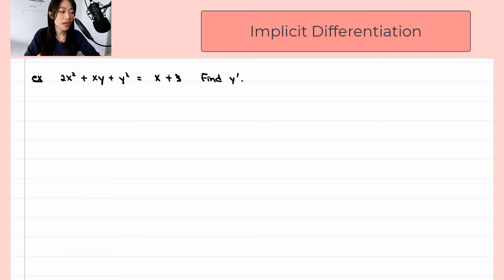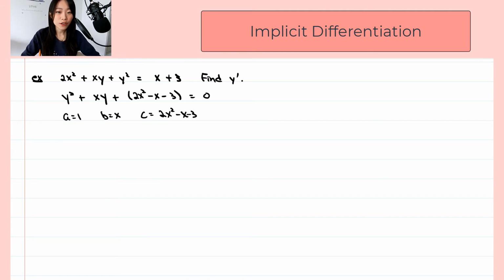I can rewrite this equation as y squared plus x times y plus 2x squared minus x minus 3 equals 0. Now a is 1, b is x, and c is 2x squared minus x minus 3. But after we find the function for y, it will be hard to find the derivative because you'll need to use the general version of the power rule, the quotient rule, and the product rule.